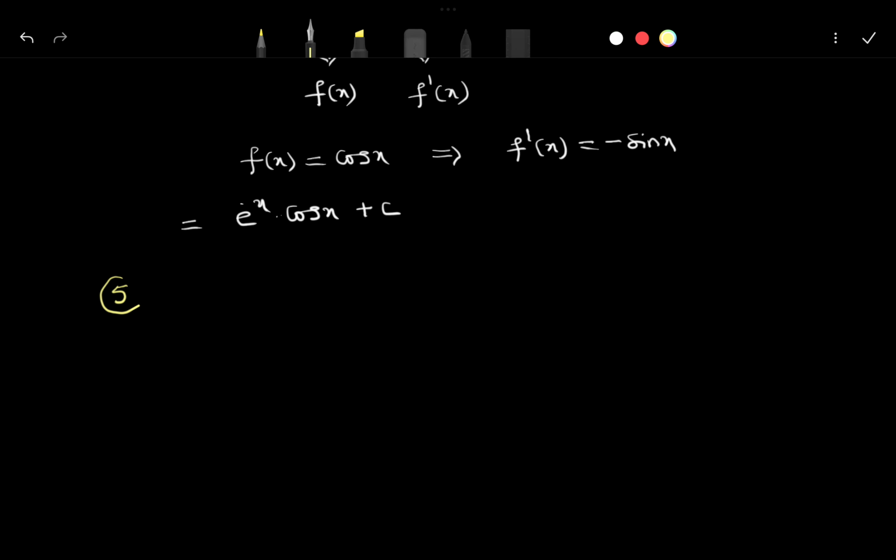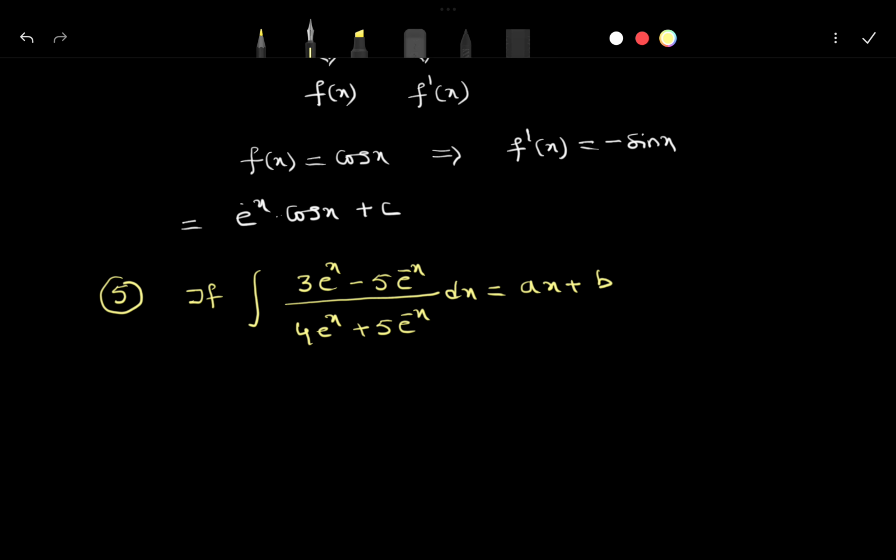If the integration of 3 into e to the power of x minus 5 into e to the power of minus x, whole divided by 4 into e to the power of x plus 5 into e to the power of minus x, into dx is equal to a into x plus b into log of 4 into e to the power of x plus 5 into e to the power of minus x, plus c, then what are the values of a and b? We have to find a comma b.